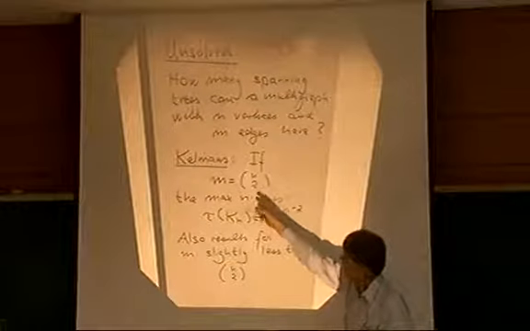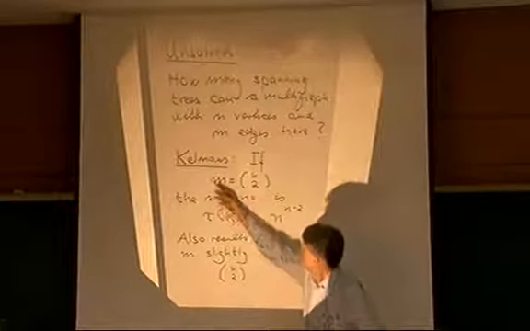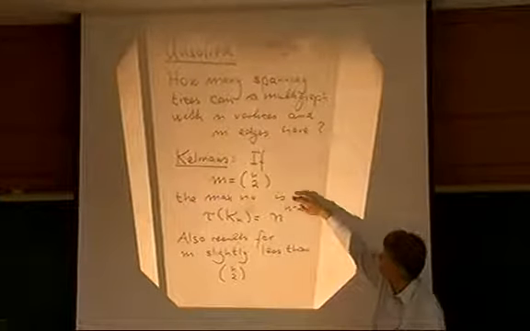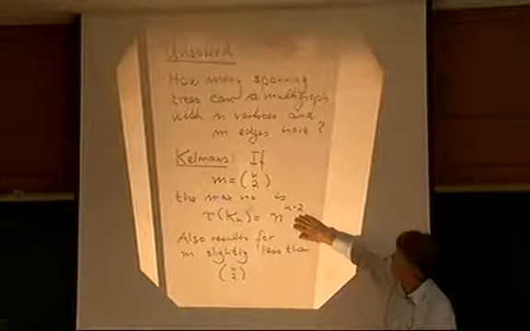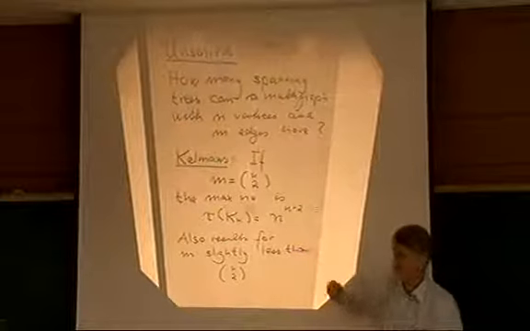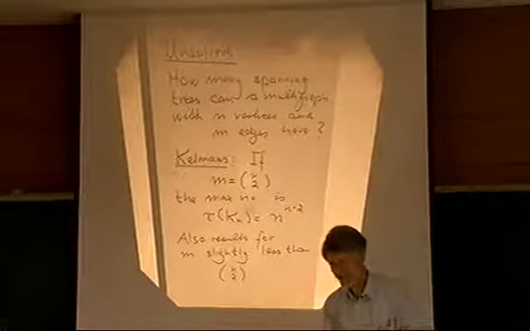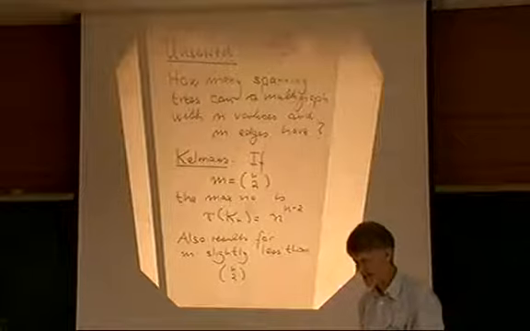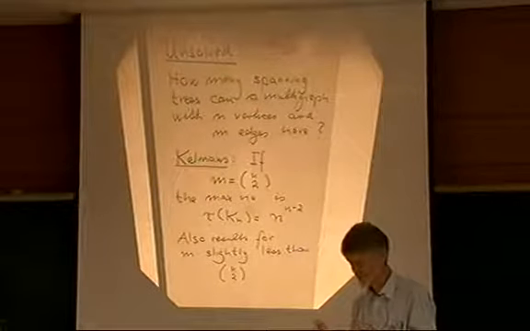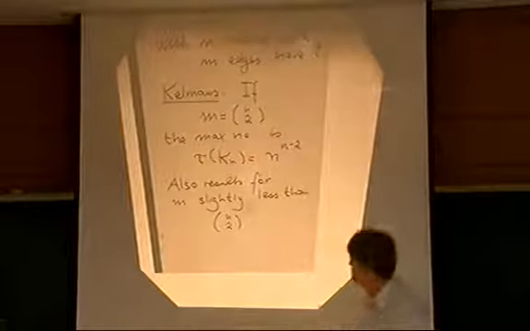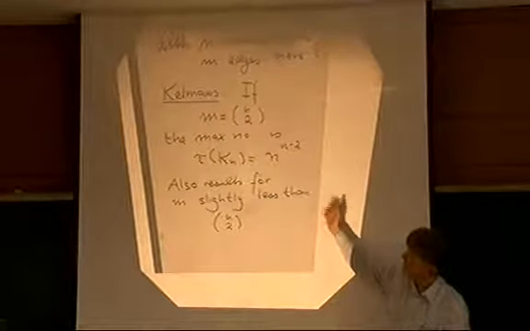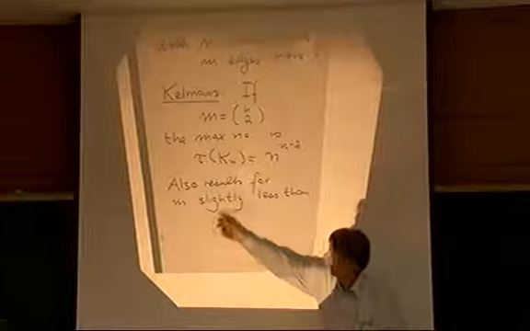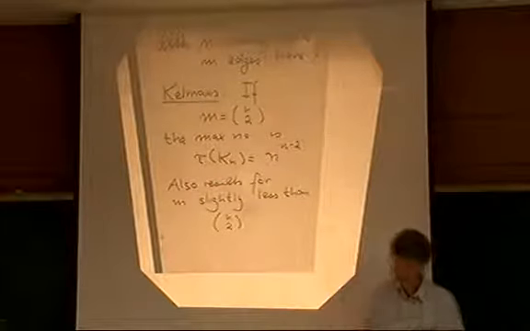so here is the result. If n is the number of vertices and the number of edges is precisely n choose 2, then the maximum number of spanning trees you can get is n to the power n minus 2. The best thing is to build a complete graph, a graph where any two vertices are joined by precisely one edge. This is an old result of Cayley's, and he also has similar results if the number of edges is slightly less than this.